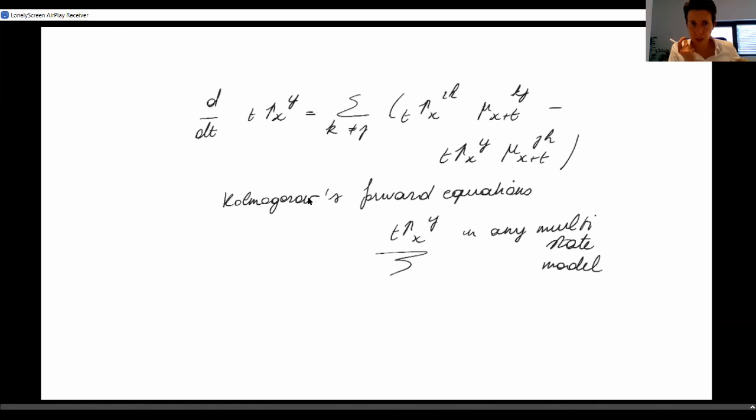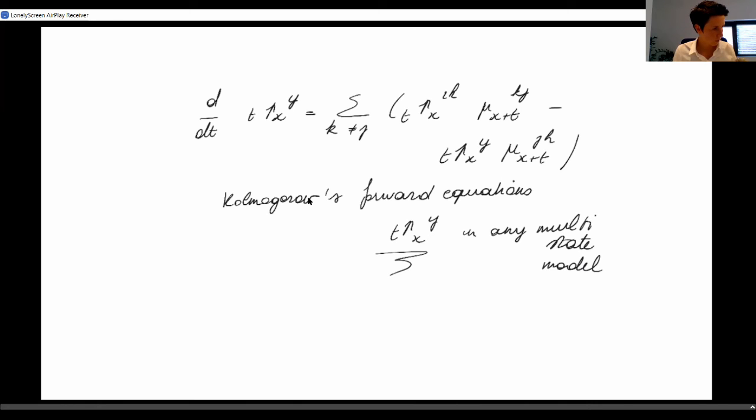So this set I can use in any multiple state model that I want to consider, but it's more complex, of course, compared to the expression that I had in the previous example with the permanent disability model, where no transitions up and back are possible. But this is a very general set of equations that I can work with. And we're going to see in the examples to come how to treat this from a numerical point of view.